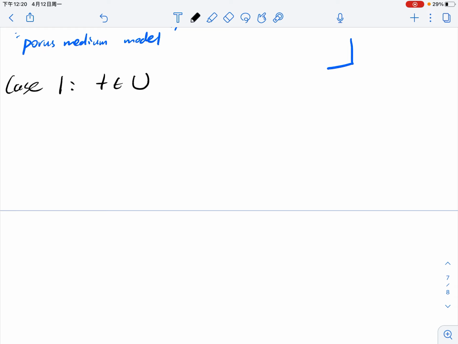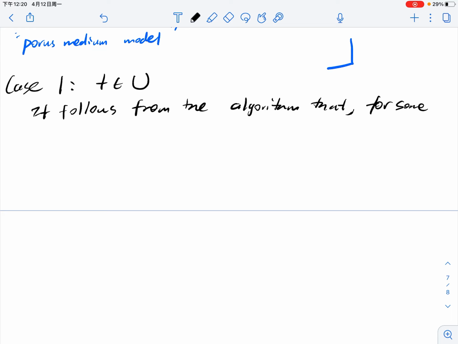First, T is in U, and then it follows from the algorithm, recall that every time you enlarge the set U by one vertex, so if T is in U, we can find a sequence of integers satisfying the following property.